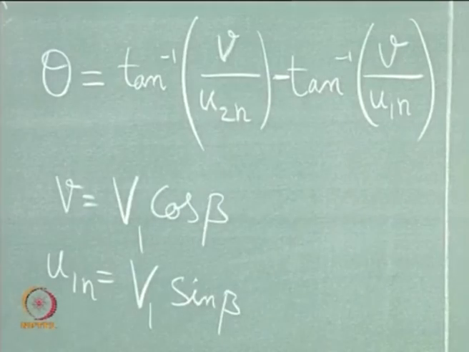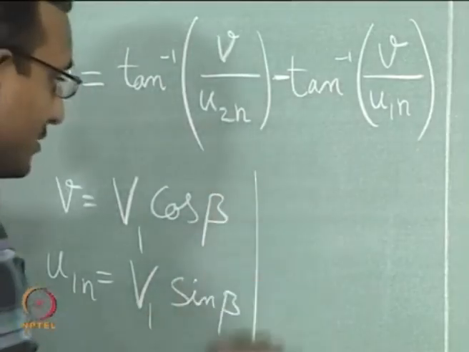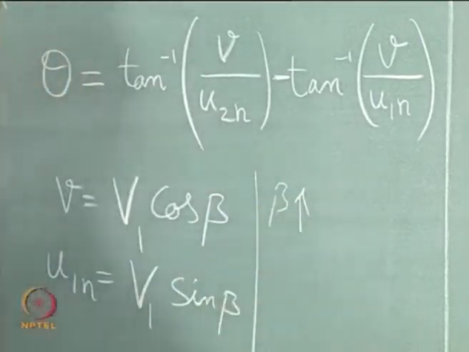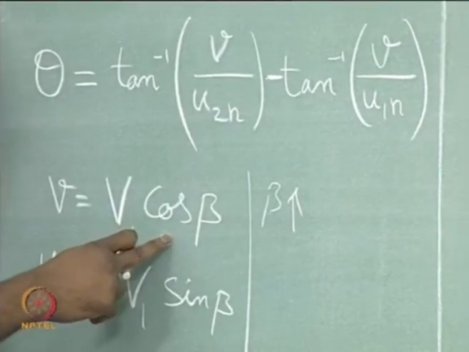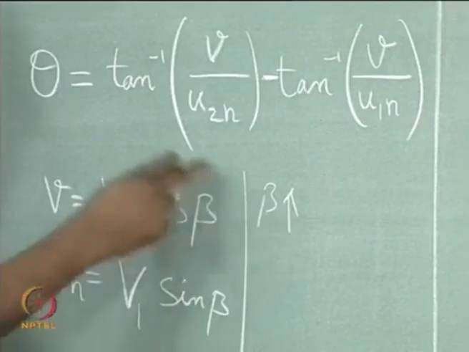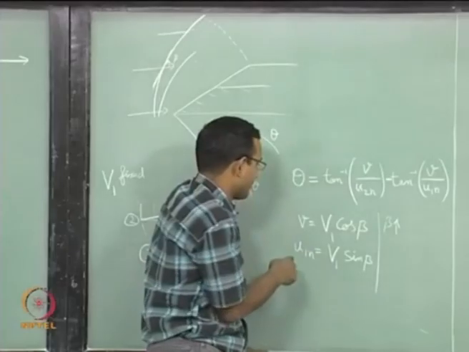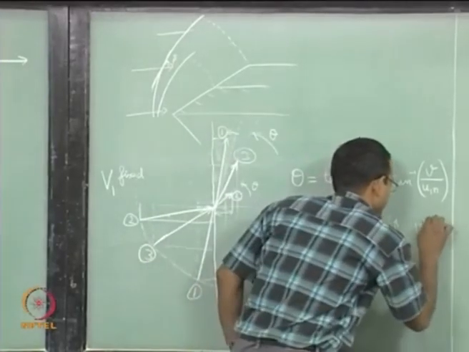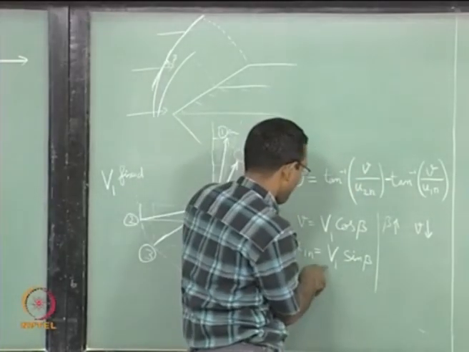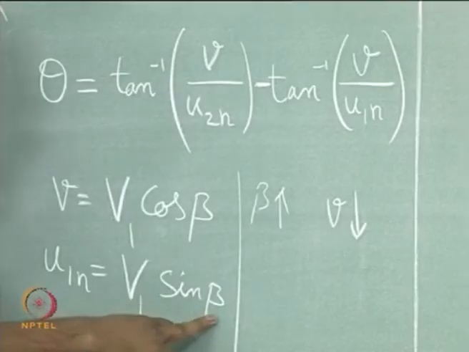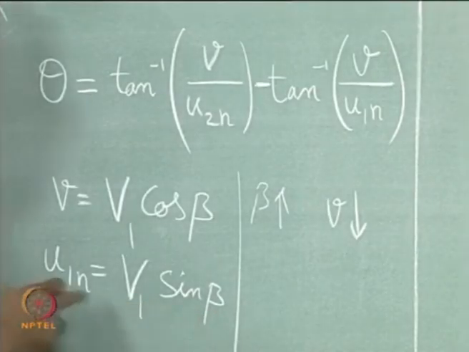Anyways, if my beta increases, and beta is somewhere between 0 and 90 degrees, cos beta decreases. We said V1 is fixed, so V decreases. Here V1 is fixed, from 0 to 90 degrees sine will keep on increasing. So, if beta increases, u1 normal increases.